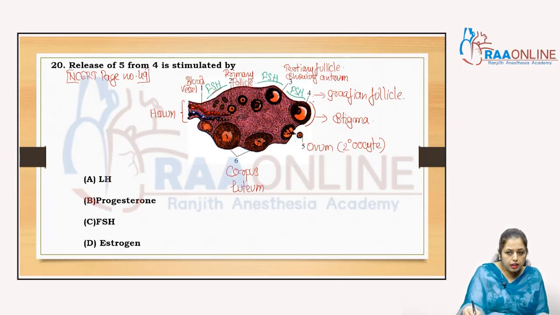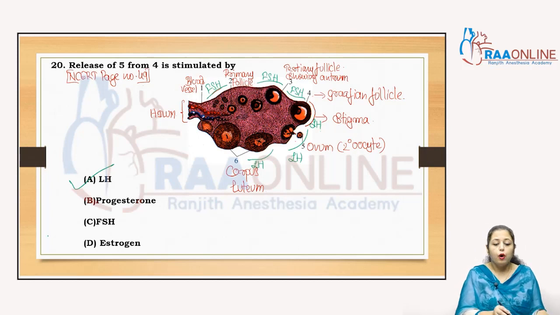Now LH acts to convert it. Clear? And so simple, according to that question, what is formed from 4 is the ovulation, and LH acts as a trigger for the ovulation. So the answer is A, that is luteinizing hormone.